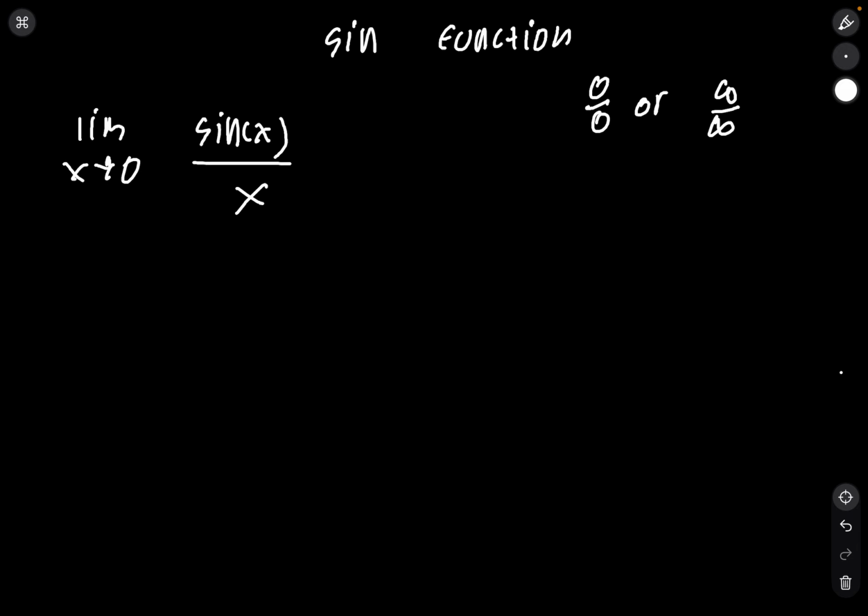Just remember that. So we have the limit as x approaches 0 of sine of x over x. The rule of thumb for any limit problem is to always plug in the number, no matter what happens. So we plug in sine of 0, which is 0. Then we plug in x for 0, which is 0. We see that we do have an indeterminate form, so therefore we can use L'Hopital's rule.